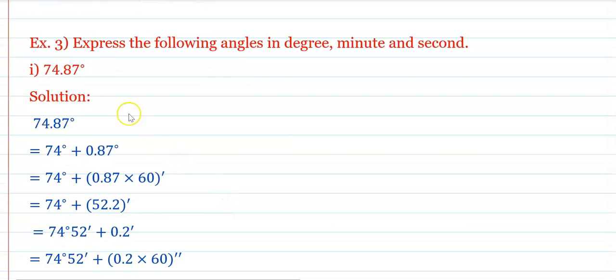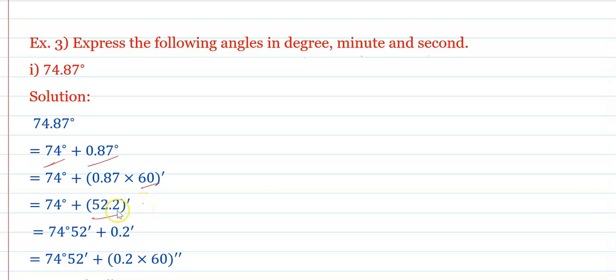Okay, now the next, express the following angles in degree, minute and second. First is 74.87 degree. Okay, first the degree is as it is. Next 0.87 degree, then we convert it first into minutes. So the fraction part in degrees we multiply by 60. After the multiplication you will get 52.2 minutes.